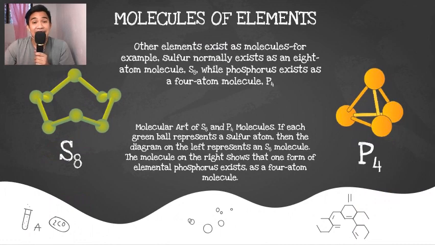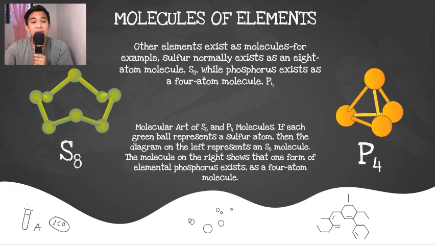Other elements exist as molecules. For example, sulfur normally exists as an 8-atom molecule or S8, while phosphorus exists as a 4-atom molecule or P4. Molecular art of S8, as you can see on the screen, is the illustration of sulfur and P4 of phosphorus molecules.